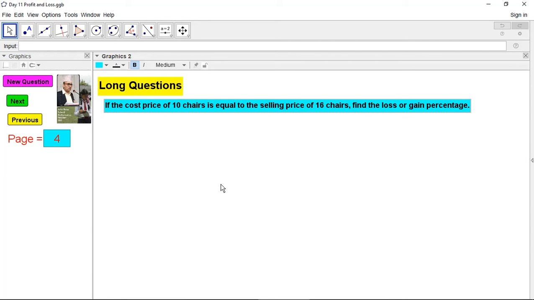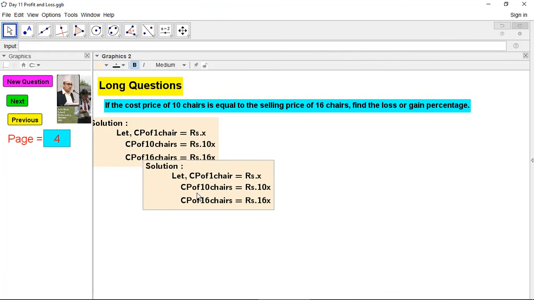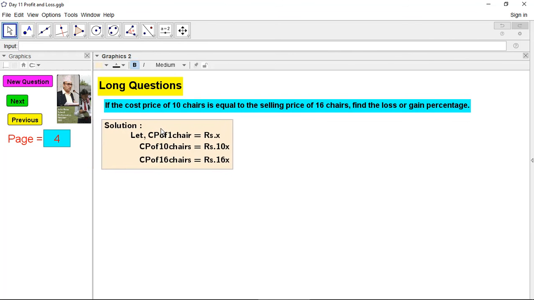The question is the same. Just now I have shown the answer is 37.5. But dear students, I will show you a different technique. Here, this is different from the last solution. In the first solution, we supposed the cost price of 10 chairs equal to x.